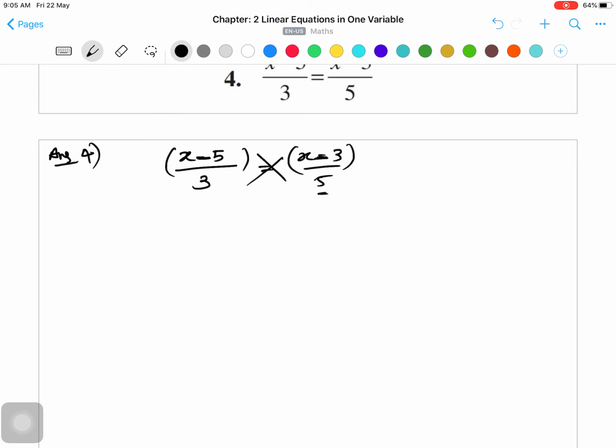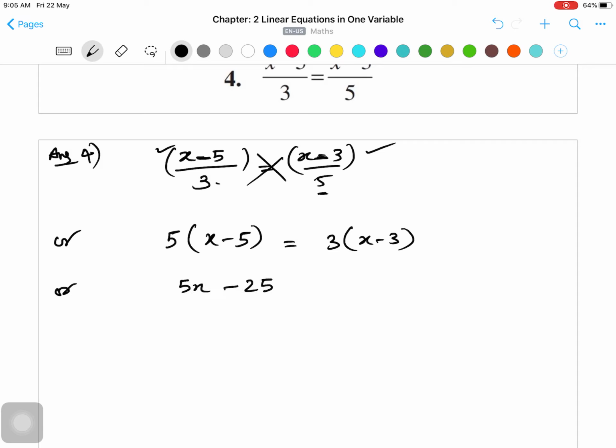This 5 will be multiplied to this term, and this 3 will be multiplied to this term, x minus 3. On cross multiplication you will get 5 into x minus 5 equals to 3 into x minus 3, or 5 into x is 5x, 5 into minus 5 is minus 25 equals to 3 into x is 3x, and 3 into minus 3 is minus 9.